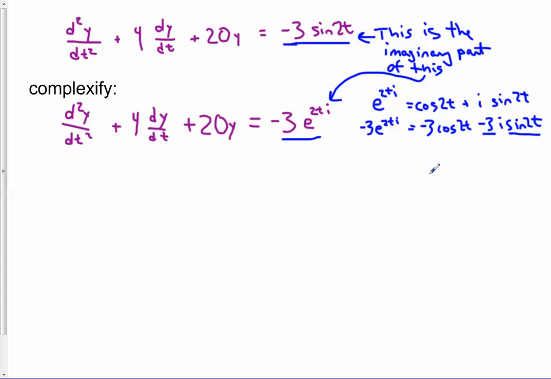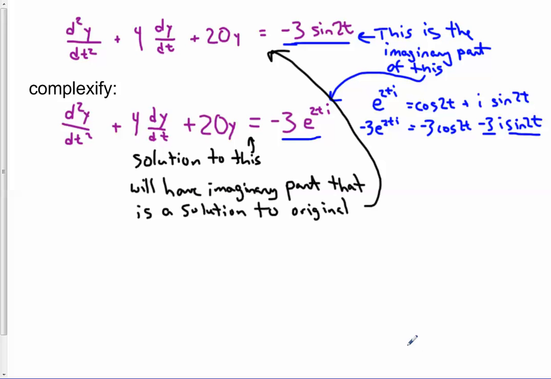It has this cosine as its real part. And now the thought process is, if I can solve the complexified version, well, the imaginary part of that solution will be the answer to my original. Okay, so that's going to be our approach.